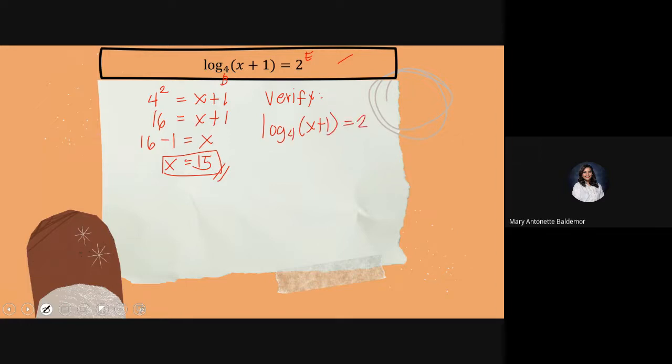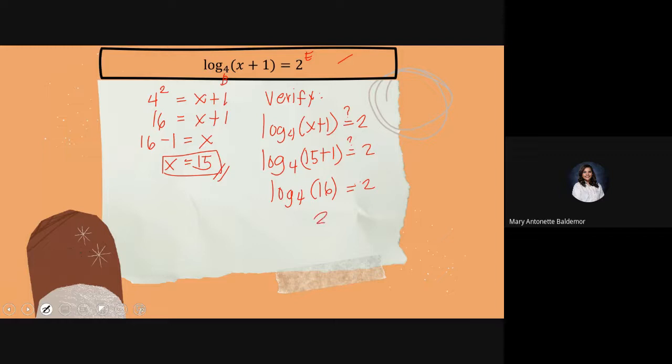Since we already got the answer for x, the logarithm of 15 plus 1 with base 4 is 2. Since we are just checking, let us put the question mark there. So using the calculator, let's check. So the logarithm of 16 with base 4 is equal to 2.